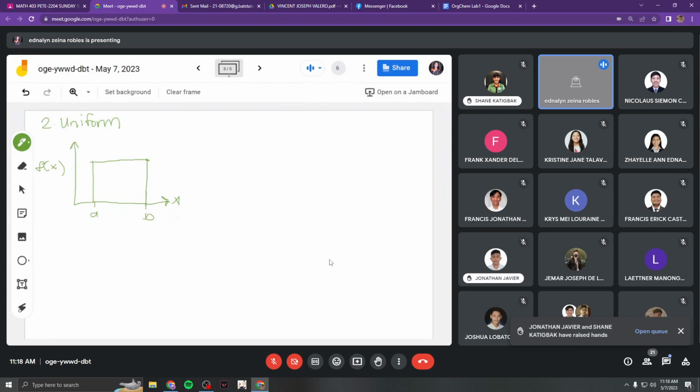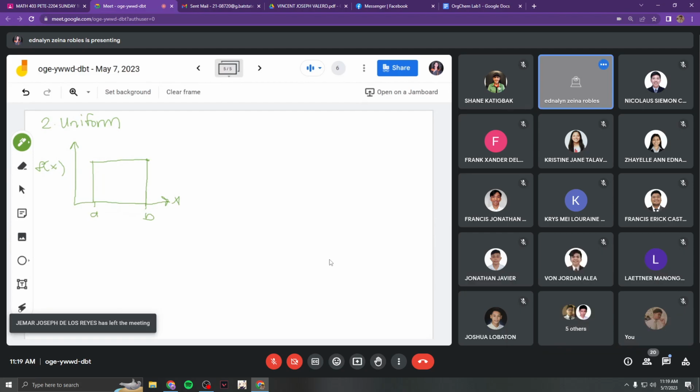Based on the graph given, yes, Shay. Ma'am, ano po, kagaya po nung sa discrete, ma'am, equally likely to happen po. Tama po. Yes. Somehow similar to, thank you, the uniform discrete probability. In a uniform continuous probability, the f of x value is constant all throughout the range from A to B. So that's right.